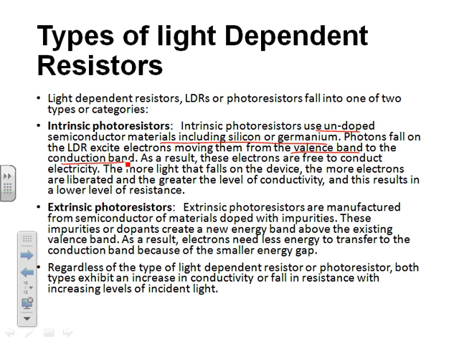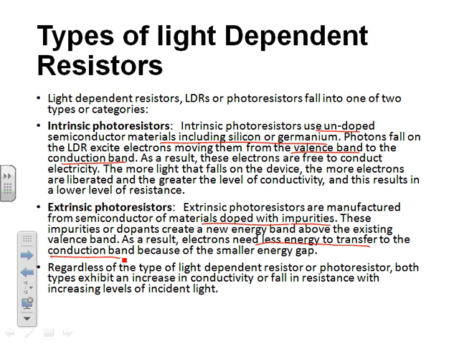Extrinsic photoresistors are manufactured from semiconductor materials doped with impurities. These impurities or dopants create a new energy band above the existing valence band. As a result, the electrons need less energy to transfer to the conduction band because of the smaller energy gap.